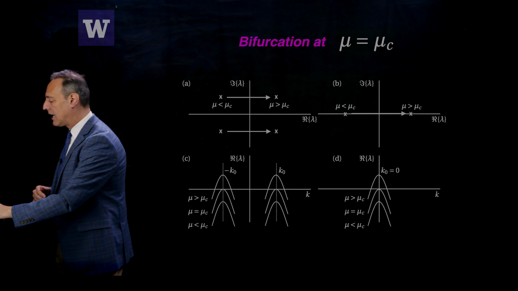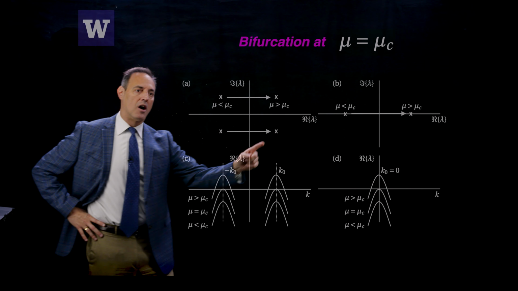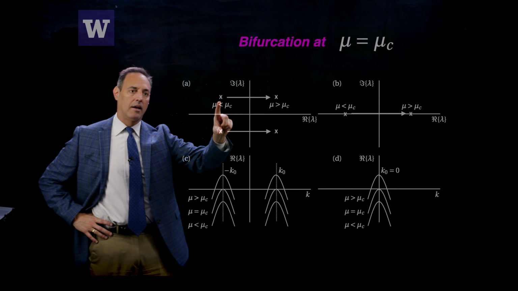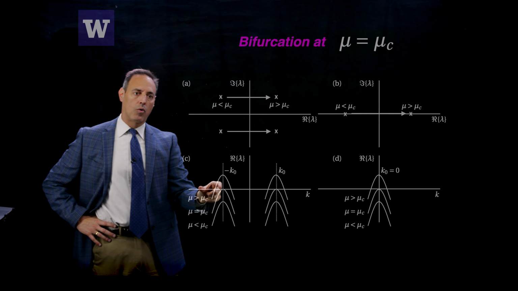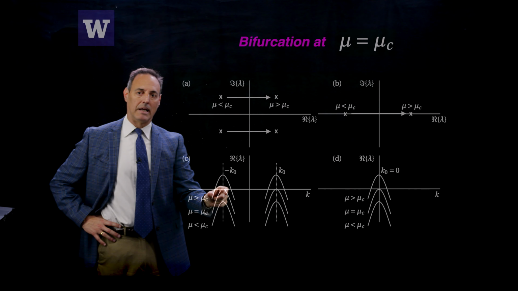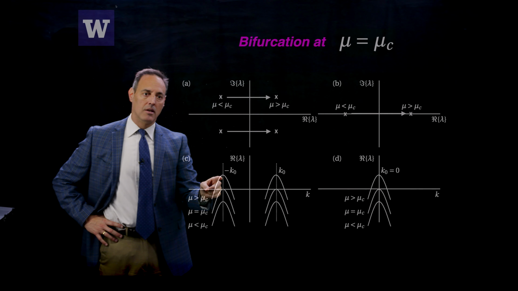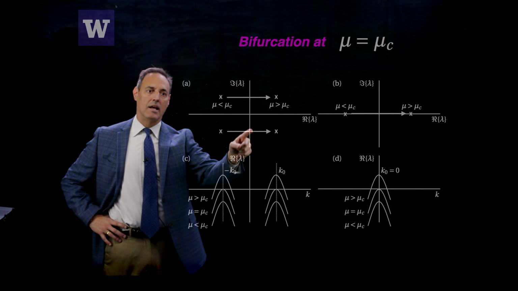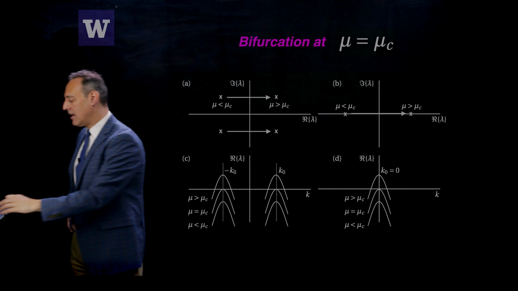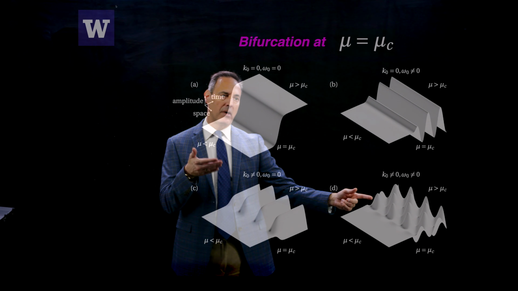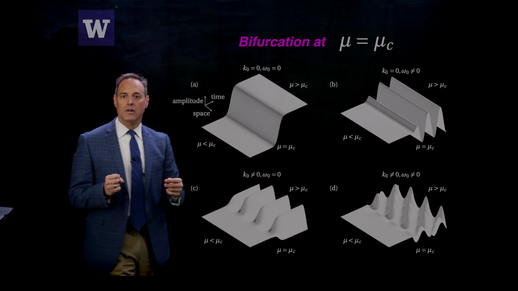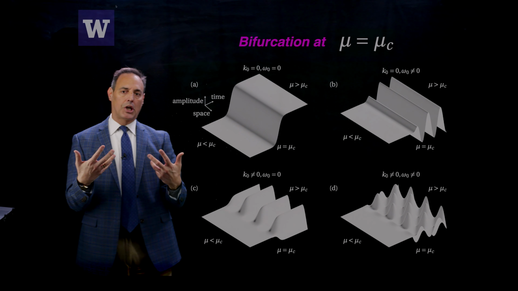You have this combination of two eigenvalues crossing with non-trivial frequencies and non-trivial unstable bands. So you get some dominant growth mode k naught and some dominant frequency omega naught, and that's exactly what drives this pattern right here. So these are just the canonical forms.